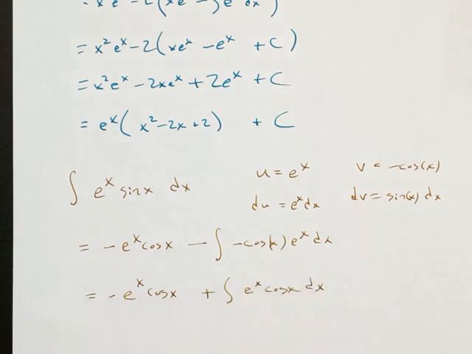So I end up with minus e to the x cosine x plus, oh look, what do I need to do with that other integral? Integrate again by parts. Crap. Okay.